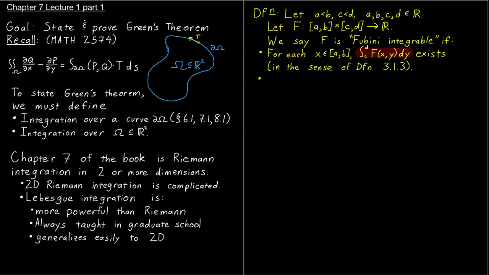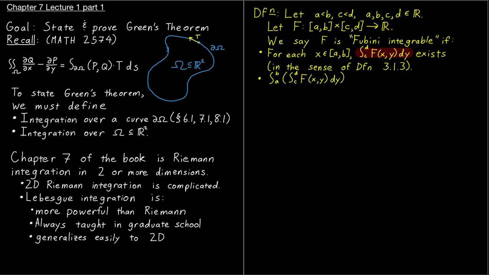So what we need is the iterated integral, the integral from a to b of the function of x that you get by taking the integral of f(x, y) dy. You fix the first variable at x and you integrate in y.